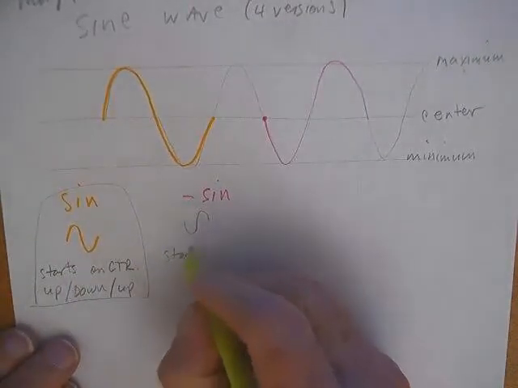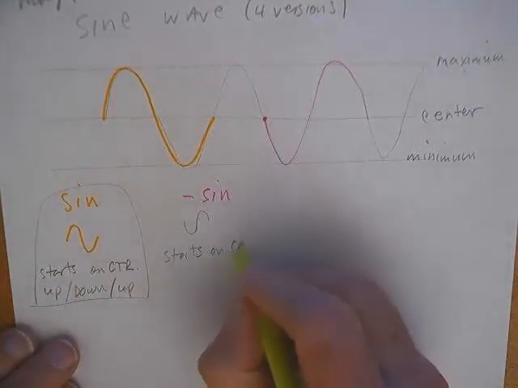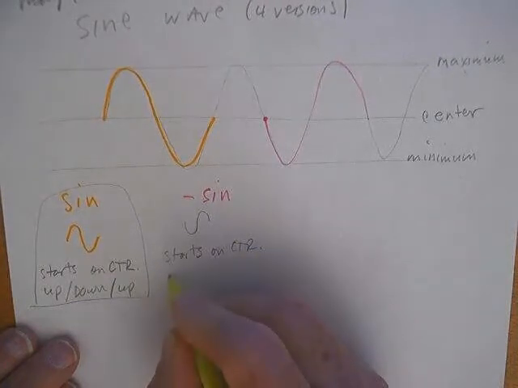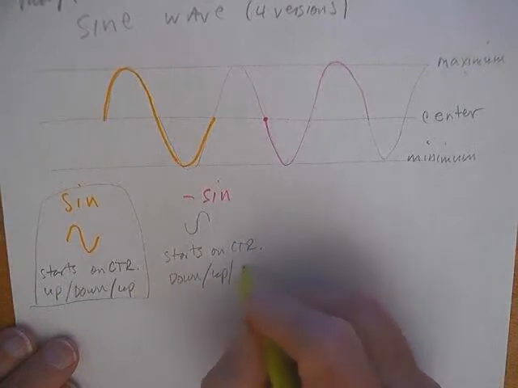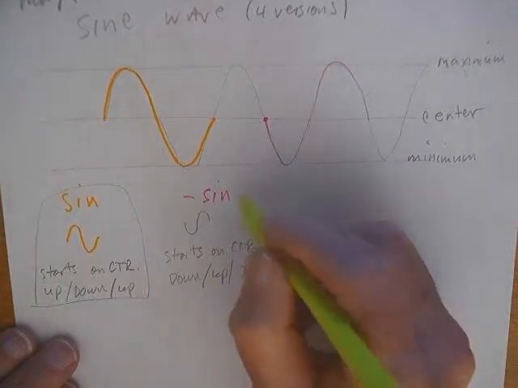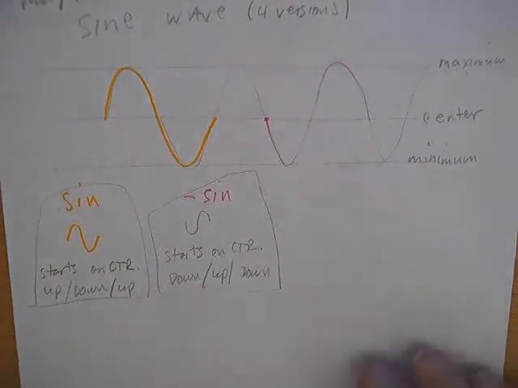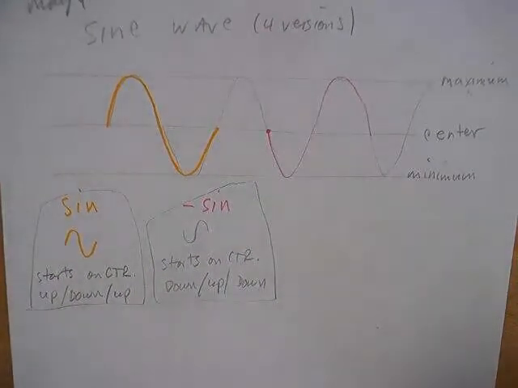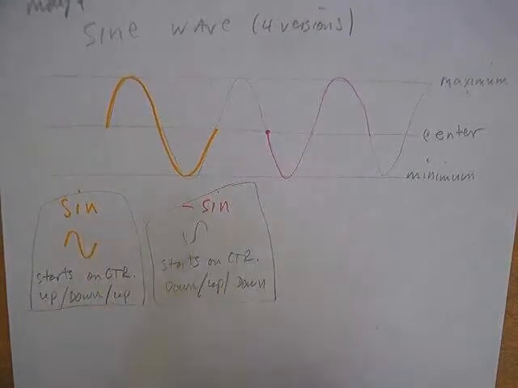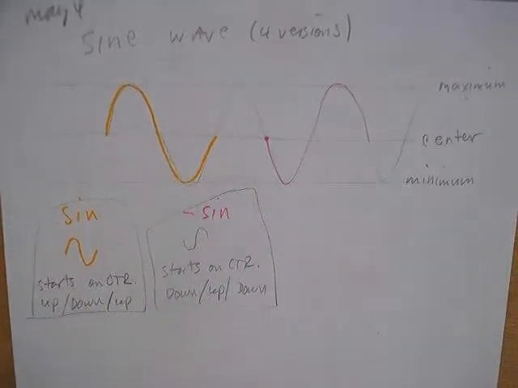It starts on the center and goes down, up, down. And there's the second shape. So those are actually pretty easy. Y'all have always wanted me to give you multiple choice where it goes. When we go to graph one of these, you're going to pick out which shape to use.